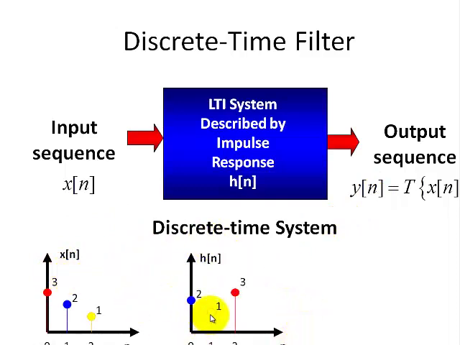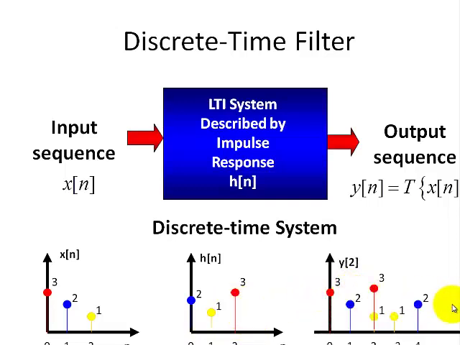How we select the coefficients at the various places in time is used to give us a desired output. So this is basically a pictorial view of what a discrete time filter is, and in our case, our focus will be a finite impulse response filter, or FIR filter.